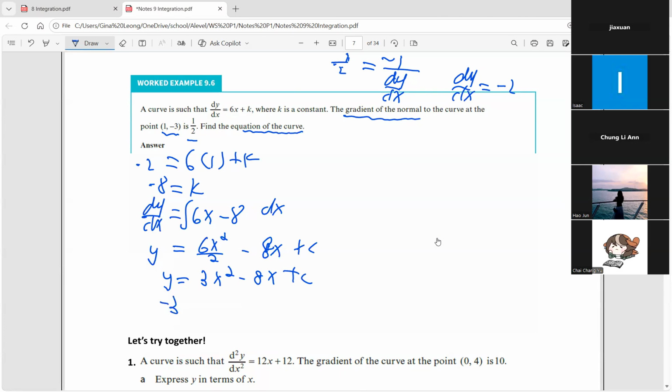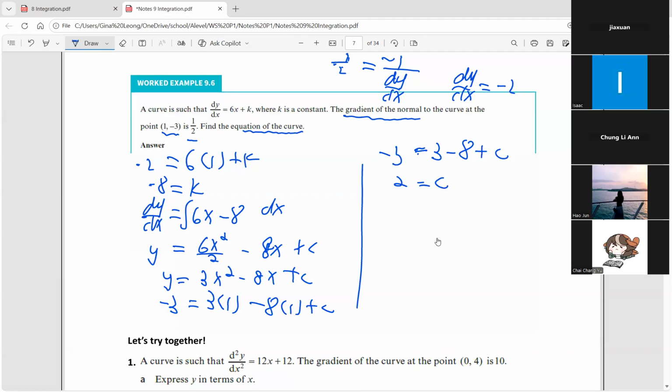So -3 equals 3 times 1 minus 8 times 1 plus c. So -3 equals 3 minus 8 plus c. This one is -5, move here, becomes 2. So my final answer is y equals 3x squared minus 8x plus 2. This is the final answer. Any question?